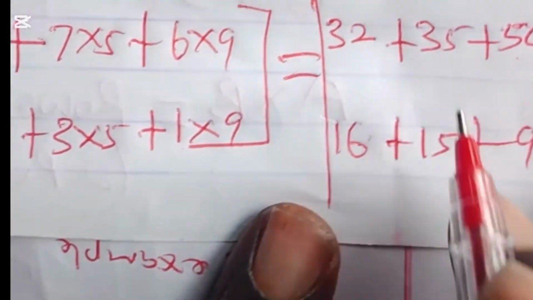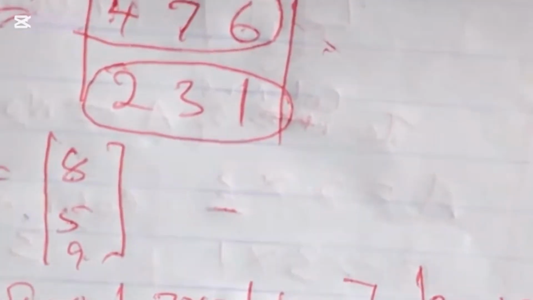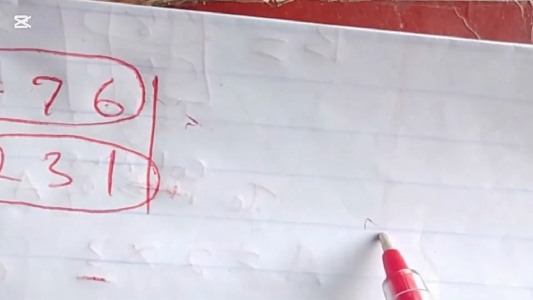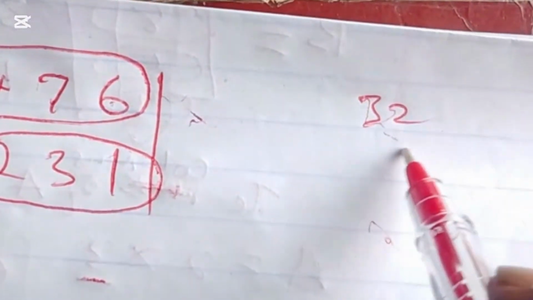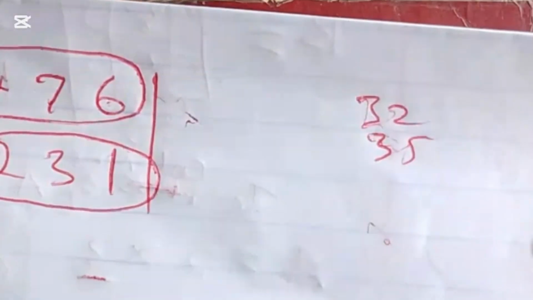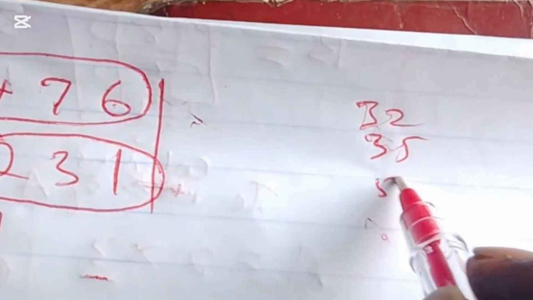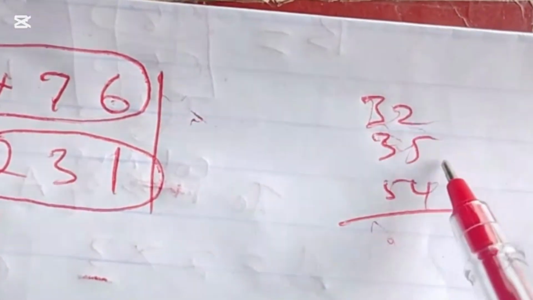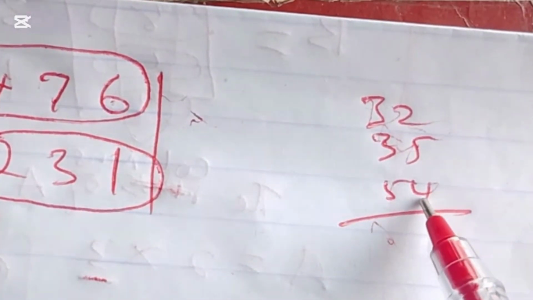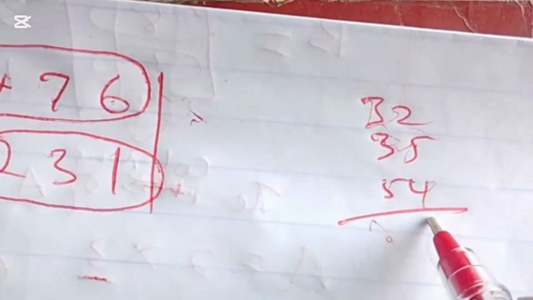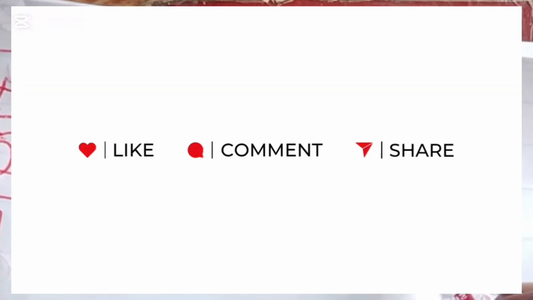We add them together: 32 plus 35 plus 54.